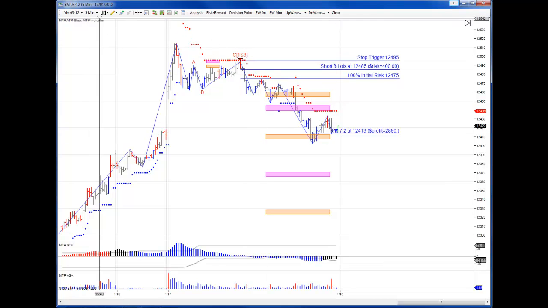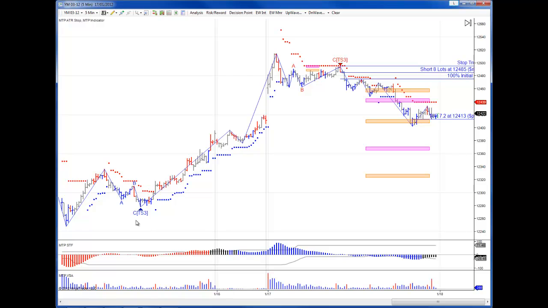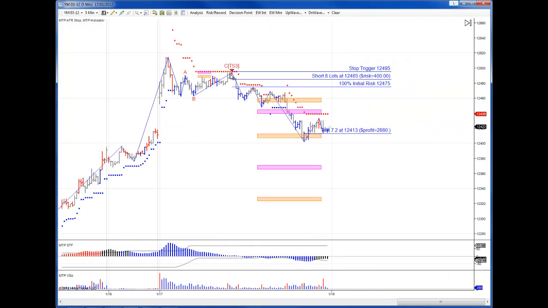That was another example of the MTPredictor Holy Grail trade setup, and as I said, it followed on from another Holy Grail trade setup on the day before. Here we had a lovely long trade going up on that day. The very next day we had the opposite with a lovely sell setup coming in here. So another good example of the MTPredictor Holy Grail trade setup that unfolded yesterday, which was January the 17th.